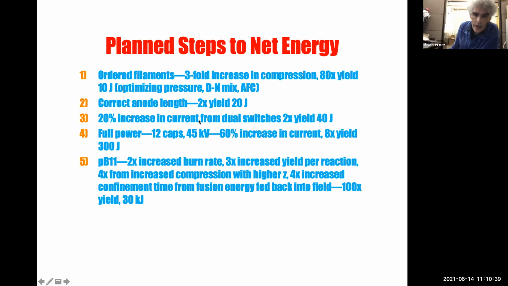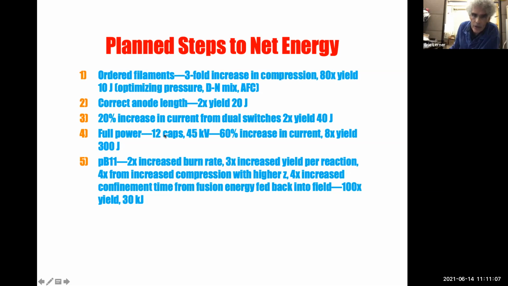The dual switches we anticipate will give us something like a 20% increase in current, but if we're back on the I to the 4th scaling, that's going to double our yield again. So we could get up, if all of this works, as high as 40 joules with this configuration.